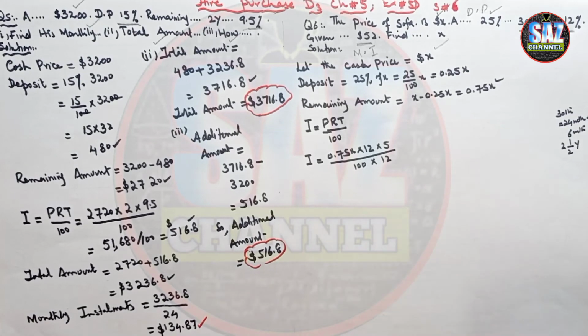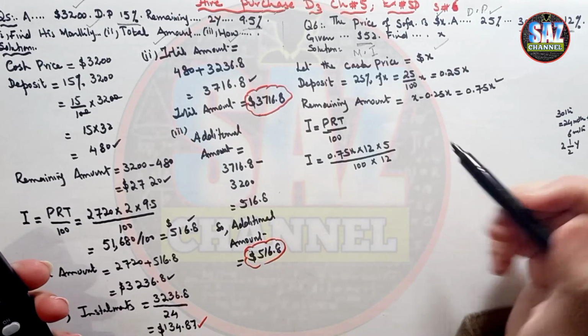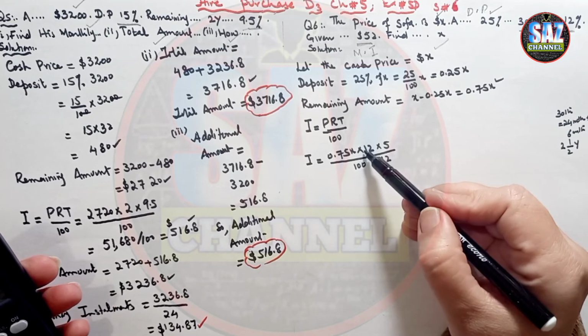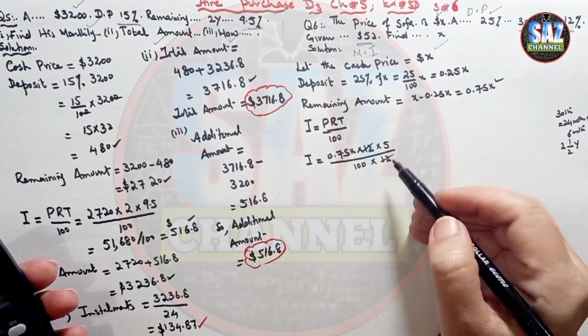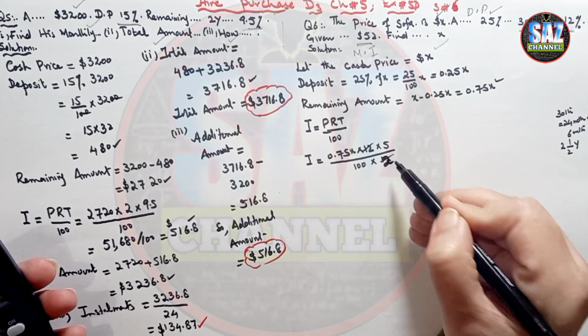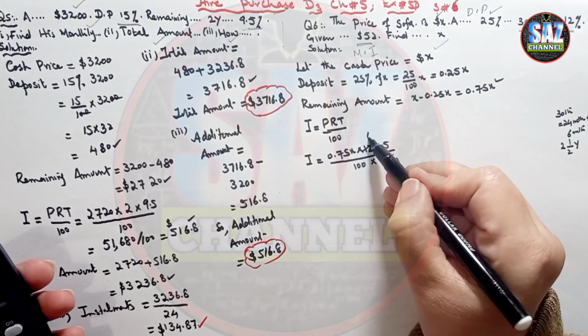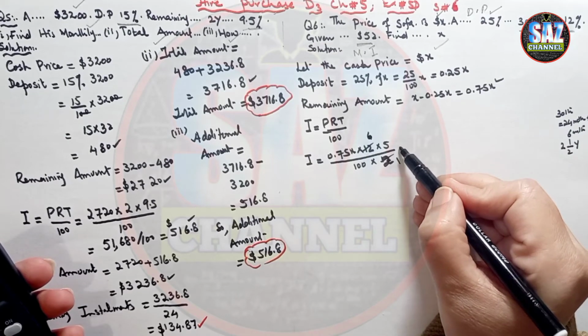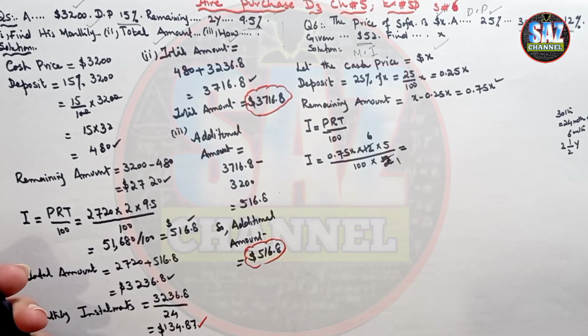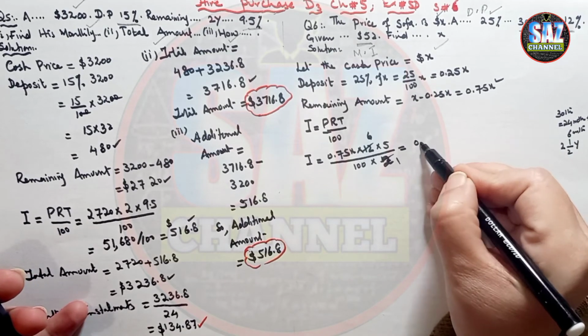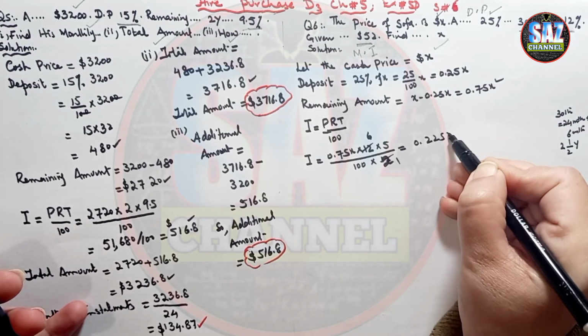So I can write 5 by 2, and there is 100 in the formula. Now I can simplify: 5 by 2, and 2 ones are 2 and 2 sixes are 12, so the calculation simplifies. Now we can multiply 0.75 multiplied by 6 multiplied by 5 divided by 100, and this becomes 0.225x.